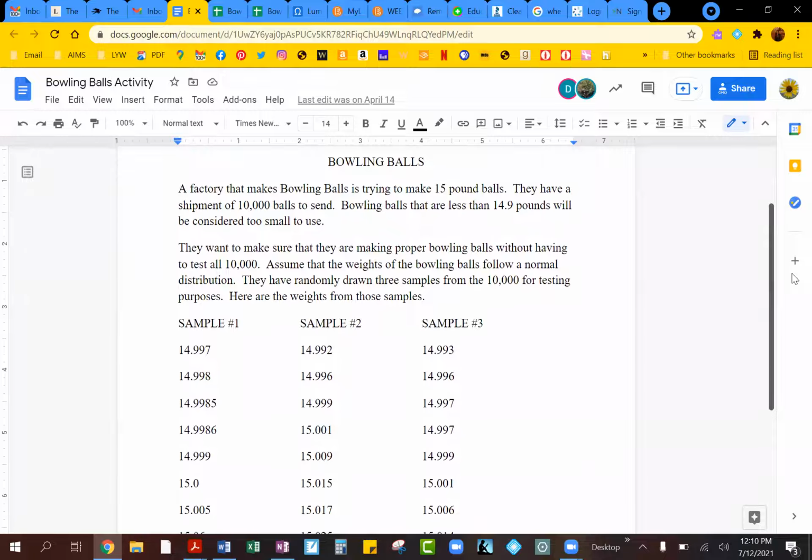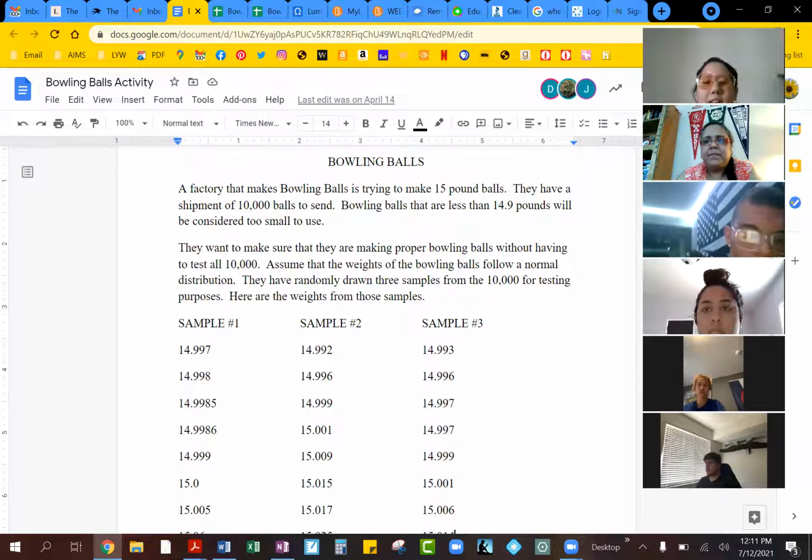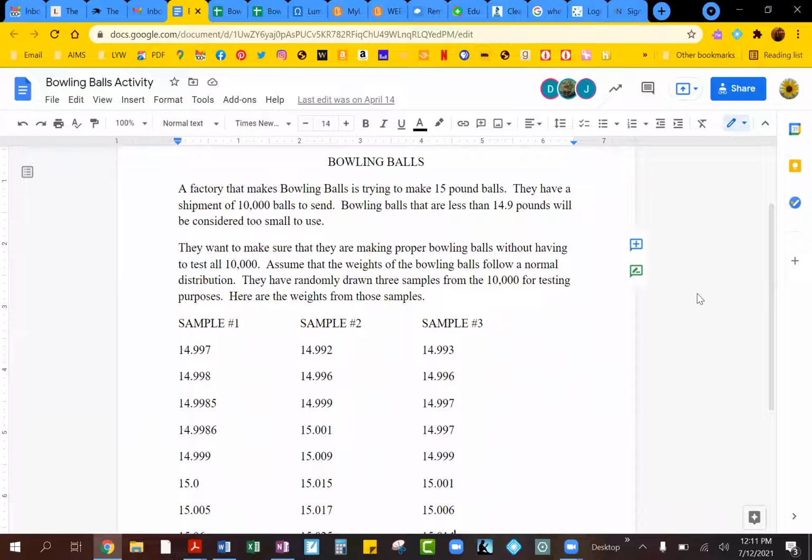So just read through the instructions one more time and tell me, what do you think the mean and the standard deviation should be for this bowling ball example? Do we have to find the mean and standard deviation for the sample 1 column, sample 2, and sample 3?